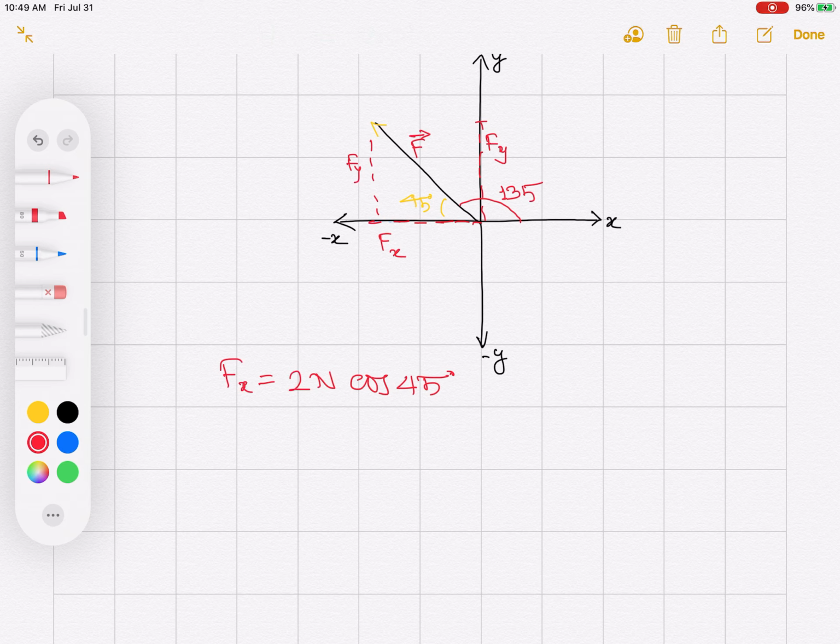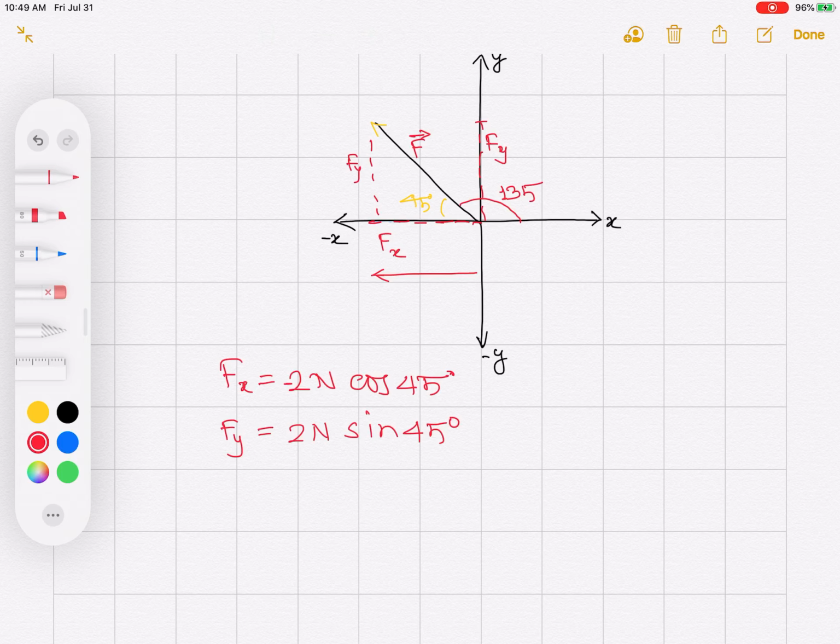Always remember that this is in the negative x-axis, so you need to consider this one as negative, because this x component is in the negative x-axis. And the y component is still positive, so 2 Newton sine 45.